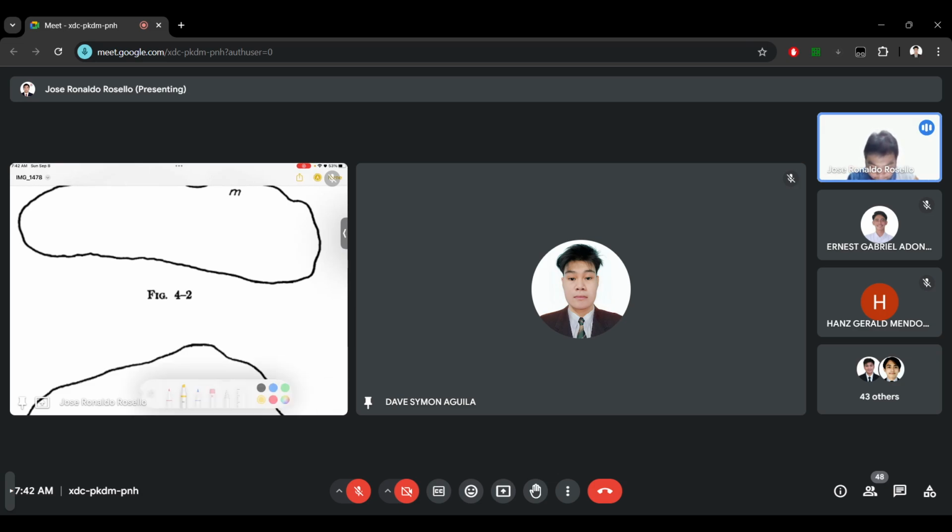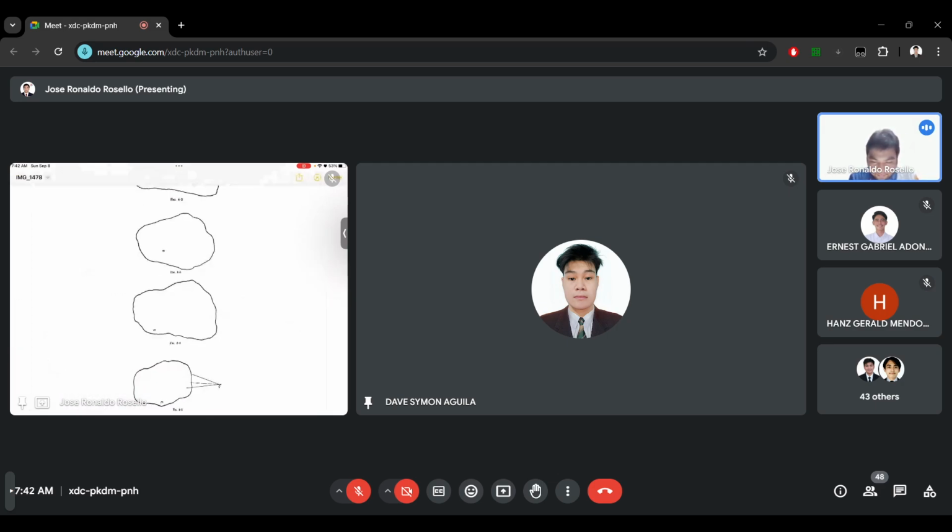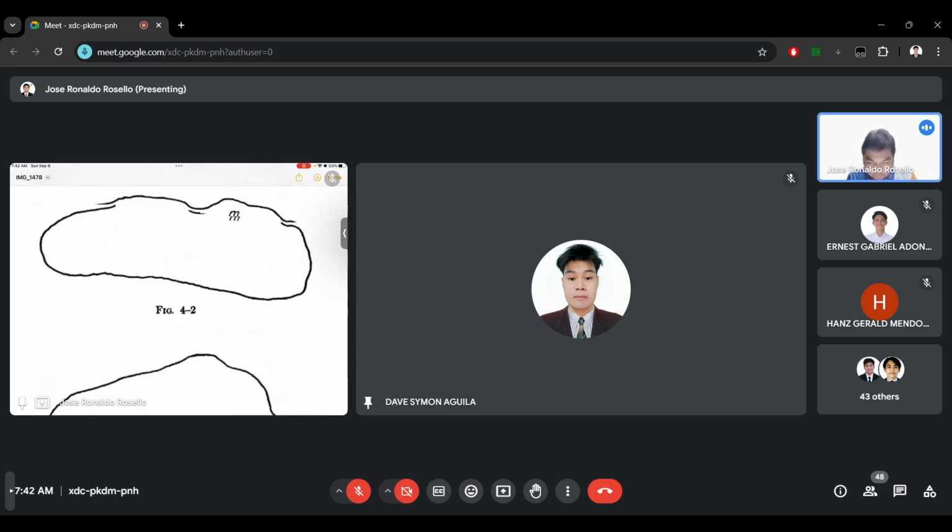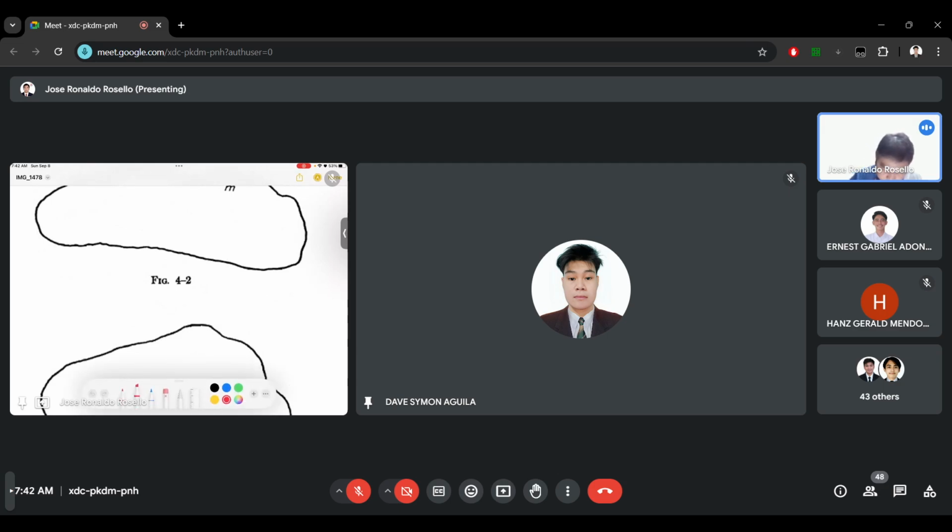For the example given earlier, if we have point A here and point B here, and the only given is vector A. For example, vector A is here, and this is 2 centimeters.